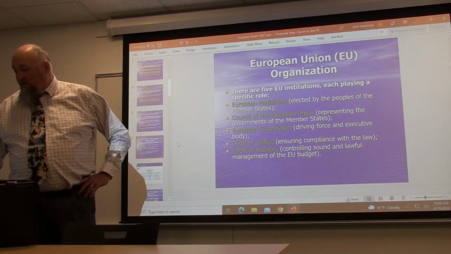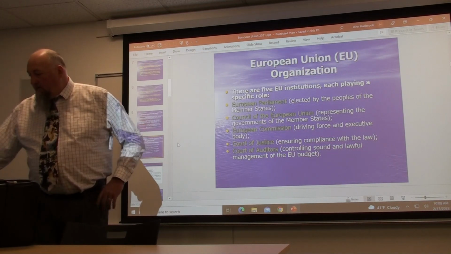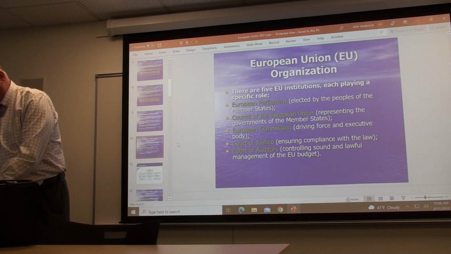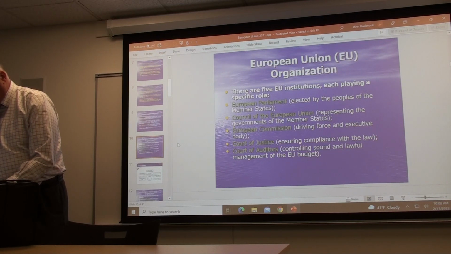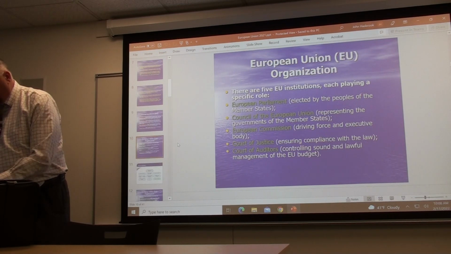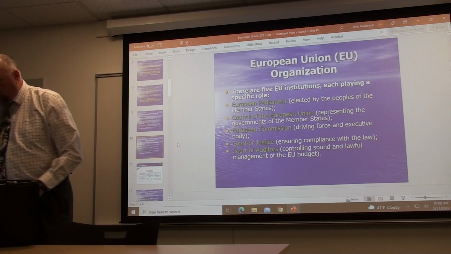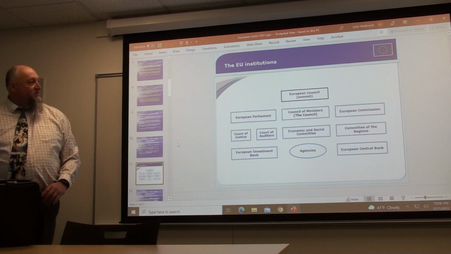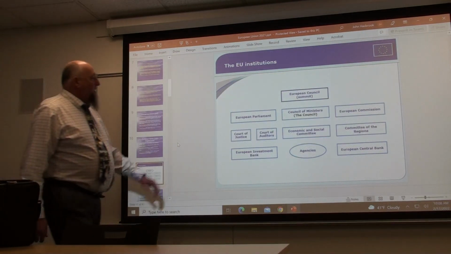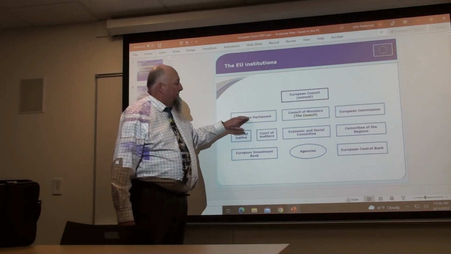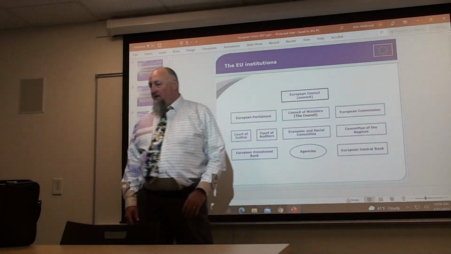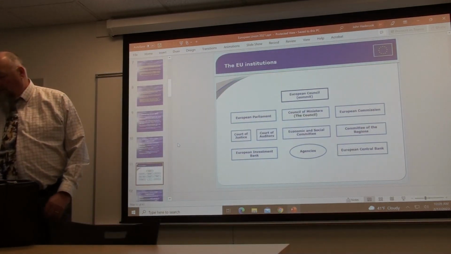So if I was to make sort of a comparison, I have a slide on that here somewhere. Go to the slide here. So we have the European Parliament, we have the Council of Ministers, and then we have the European Union Commission.